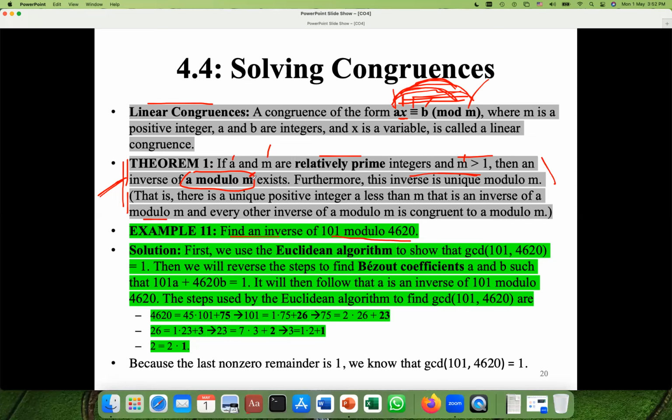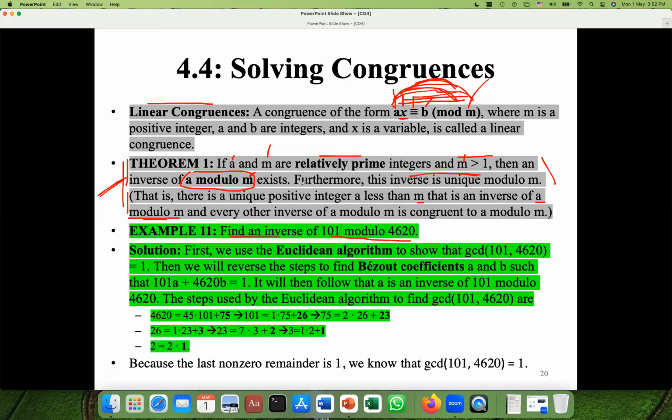There could be some solution greater than this M, that is also possible, but there would be a solution less than this M, and that would be unique.